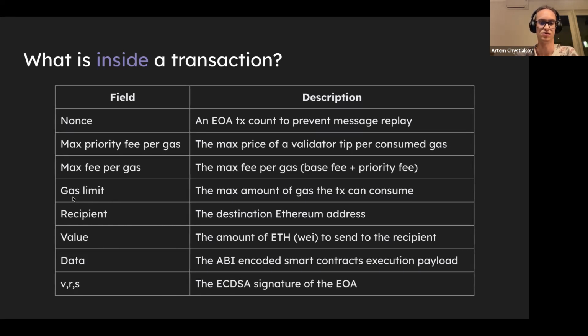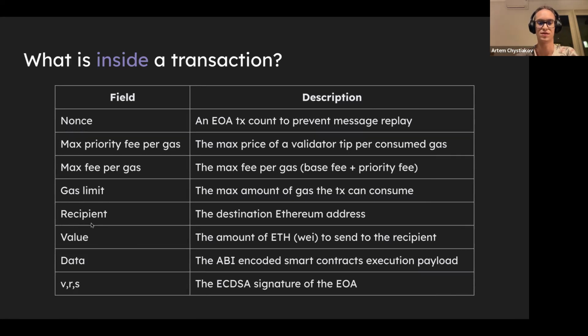So to prevent those kinds of errors, the gas limit is set, and it just caps the total execution of the transaction. So you're confident that not more than this gas and Ether won't be deducted from your account.